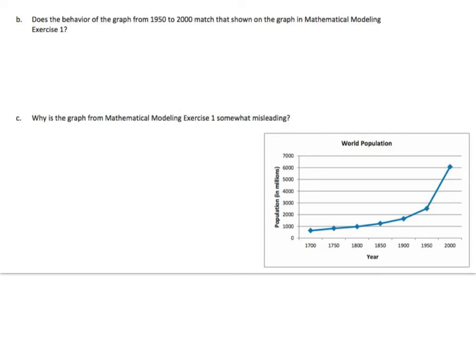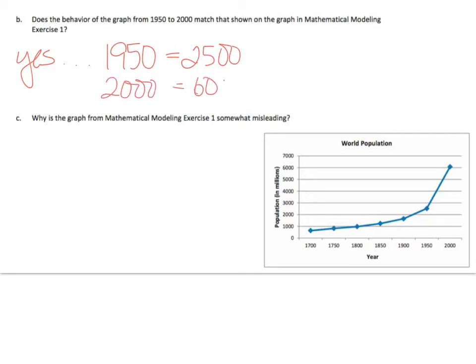Does the behavior of the graph from 1950 to 2000 match that shown on the first exercise? Yeah, they're both linear at that point, so yes. In 1950, it shows 2,500, and in year 2000, it shows 6,000 million. So that is the same.